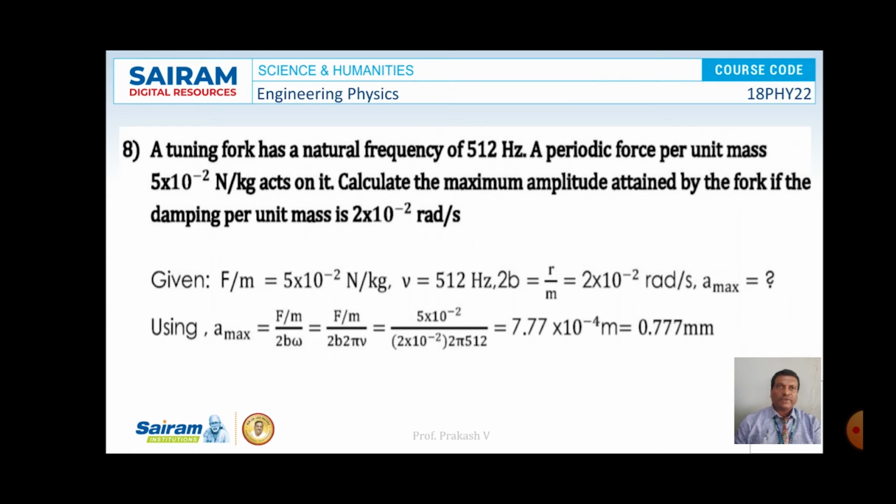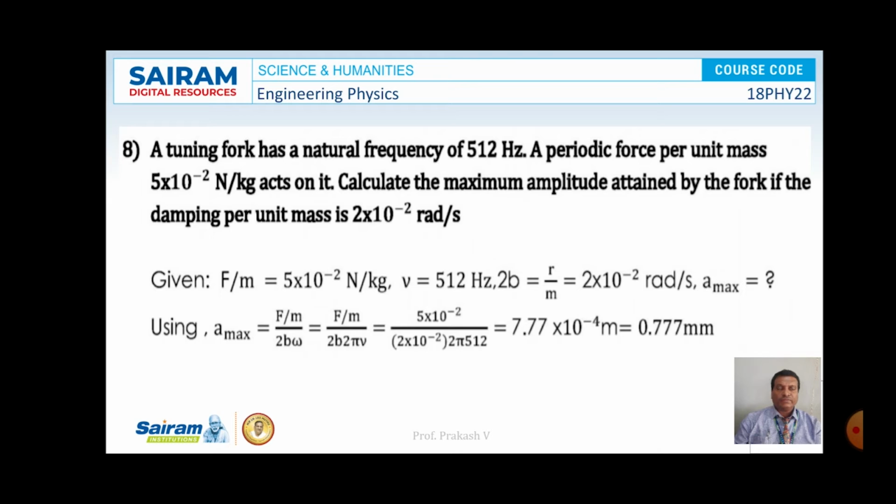So here the value of F by m is given as 5 into 10 to the power of minus 2 Newton per kg, and the frequency mu is given as 512 Hz, and the value of 2b is equal to r by m, given as 2 into 10 to the power of minus 2 radians per second, and you have to calculate the value of A max.